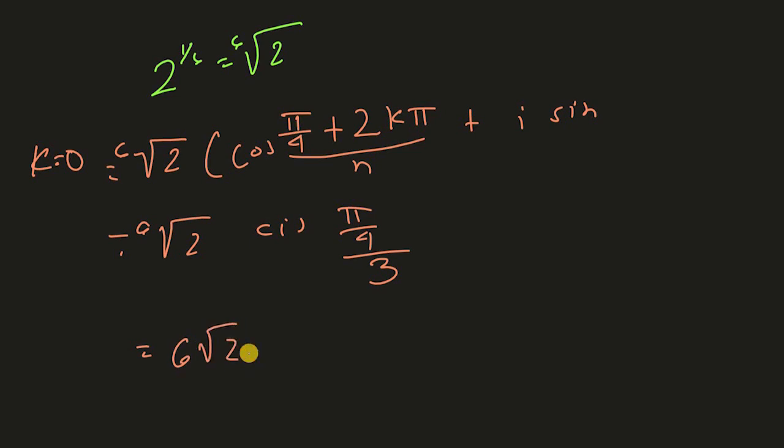So, the value of our angle, CIS, pi over 4 divided by 3 is 1 over 12 pi. This can be our answer.